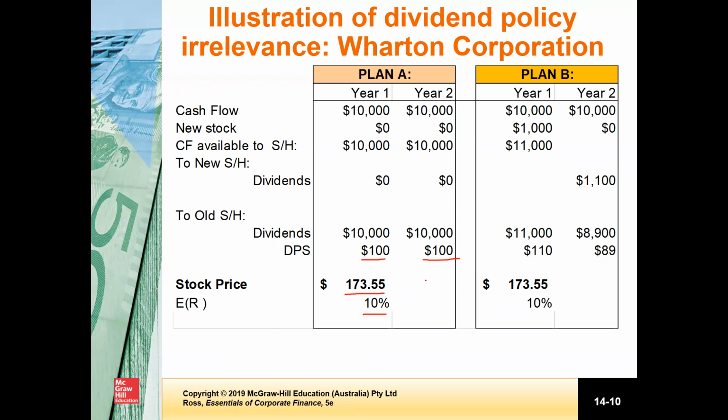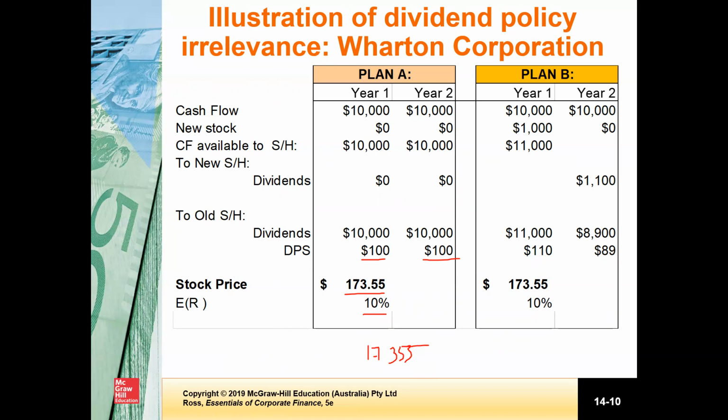So the firm as a whole is worth 17,355. Why? Because there are 100 shares, so 173.55 multiplied by 100 is 17,355. That will be the whole worth of the company.